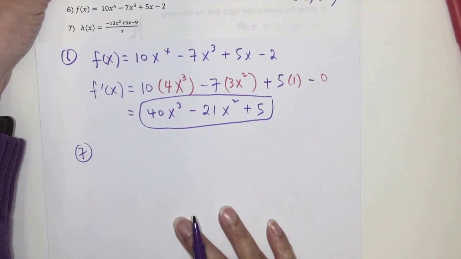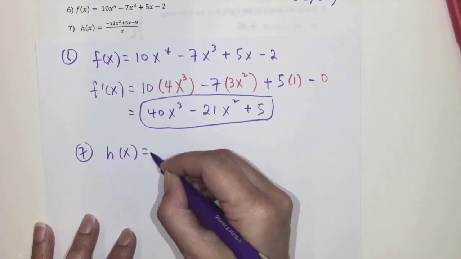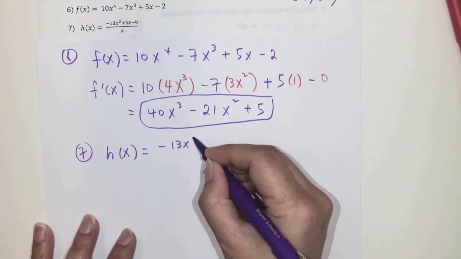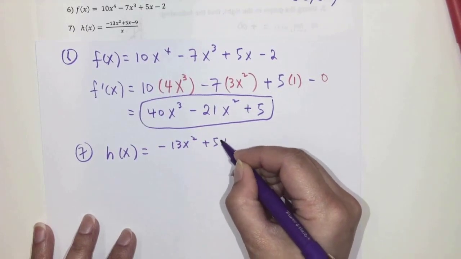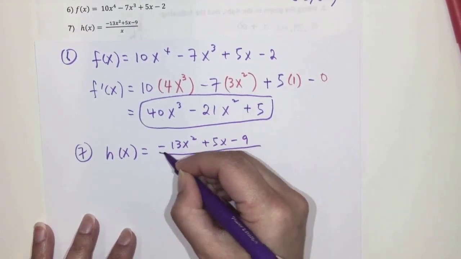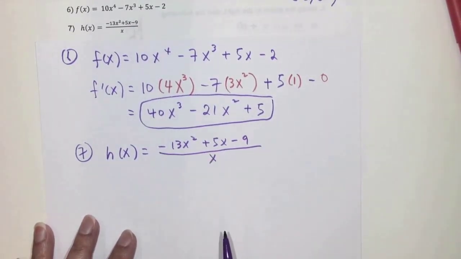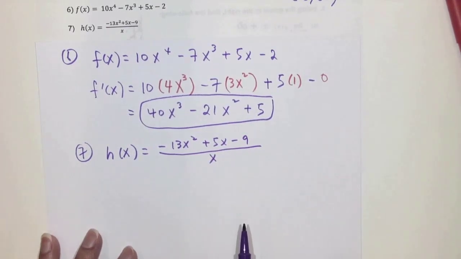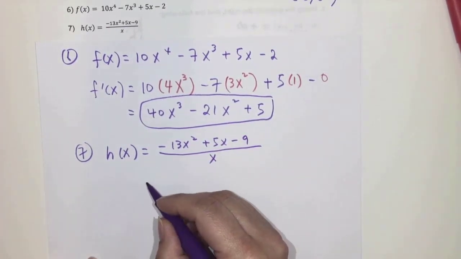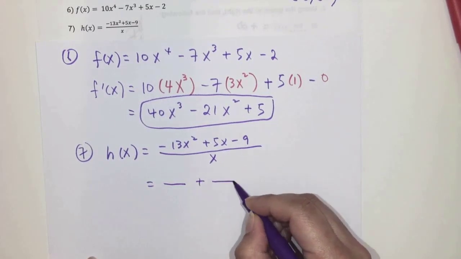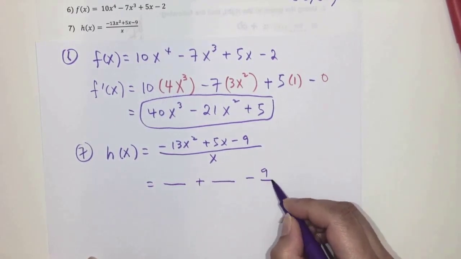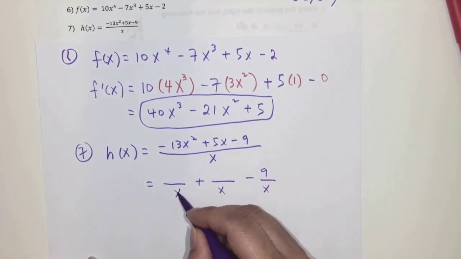Number 7, we have h of x equal to negative 13x squared plus 5x minus 9, and then an x at the bottom. This one, if you don't want to apply the quotient rule, you can break the original function into 3 fractions because they all share x as the denominator, right?